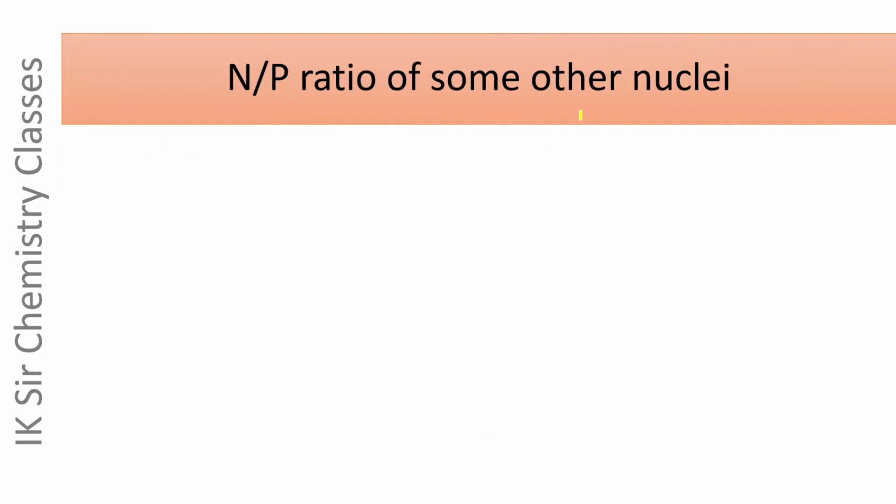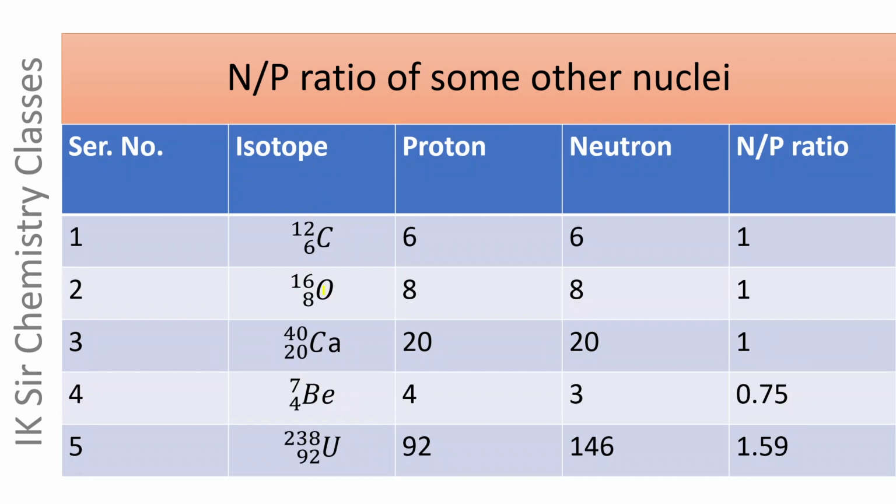N by P ratio of some other nuclei. These are some isotopes. C12 contains 6 protons and 6 neutrons in the nucleus. Hence, its N by P ratio will be 6 by 6, that is 1.